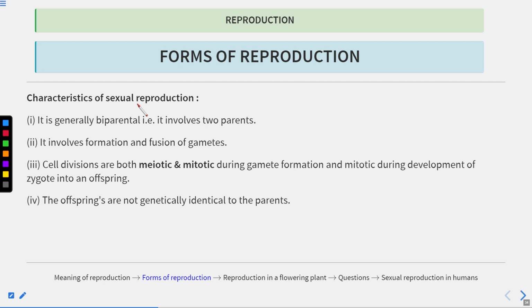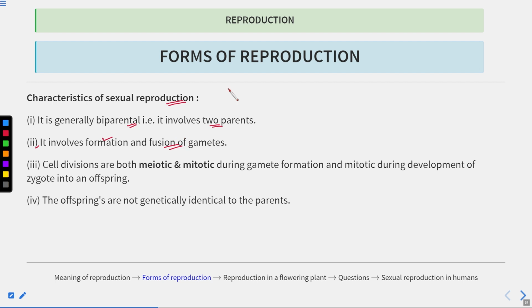Now let's study the characteristics of sexual reproduction. Now it is generally biparental, that is, it involves two parents. Second, it involves formation and fusion of gametes. This we have already discussed. Formation of gametes is known as gametogenesis, and fusion of gametes is known as fertilization.